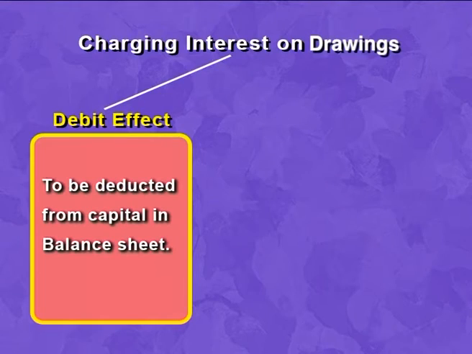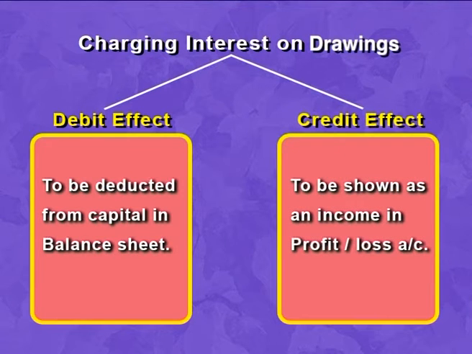These two effects can be shown as you can see: the debit effect of this adjustment is that the amount of interest on drawings is to be deducted from capital in the balance sheet, and the credit effect is that it is to be shown as an income in the profit or loss account.